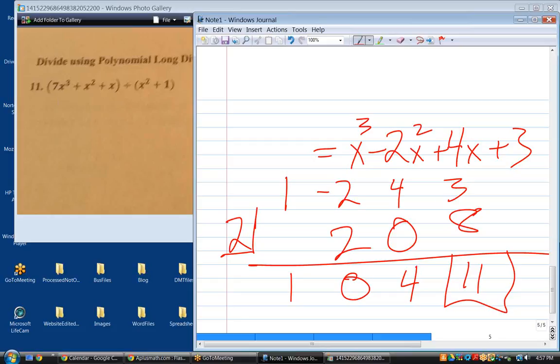Right. It's the same as the remainder, actually. In other words, if I was dividing this by x minus 2, I would get a remainder of 11. And that's the same as evaluating it at 2. Interesting.